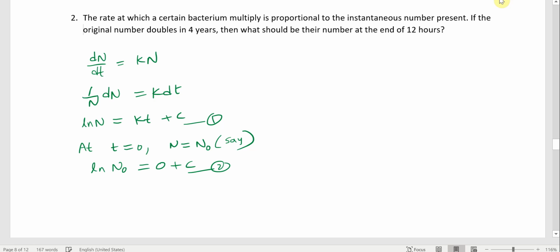This is the c value, ln n naught, which I am writing here again in equation 1: ln n equals kt plus c, that is ln n naught. So ln n minus ln n naught equals kt. This is equation number 3.